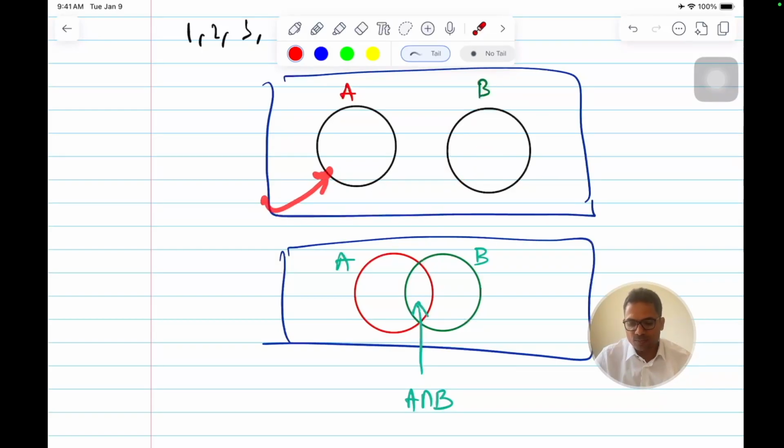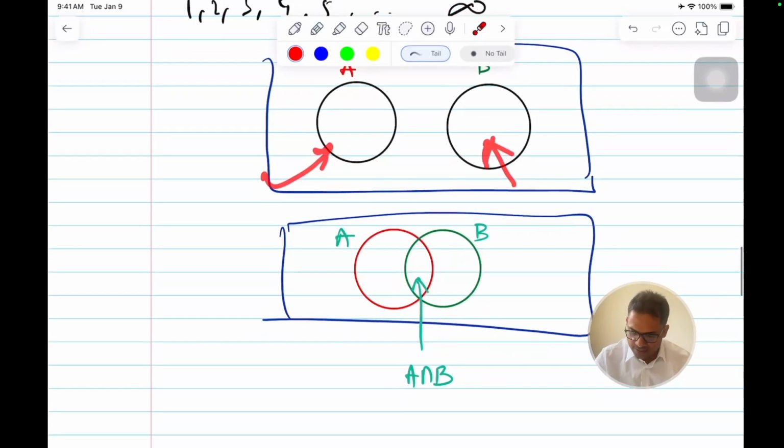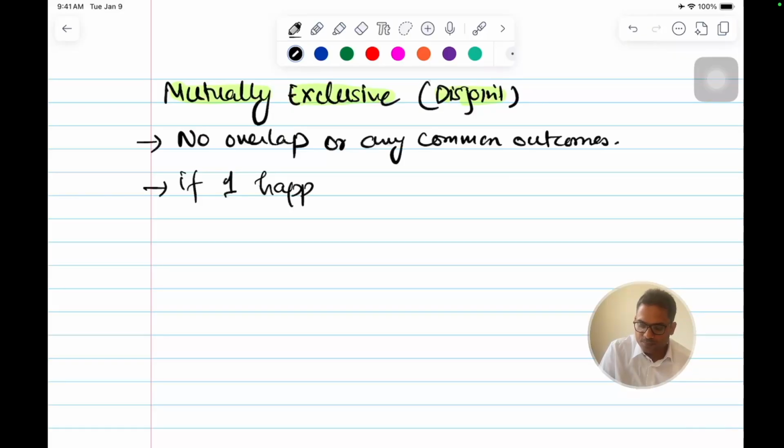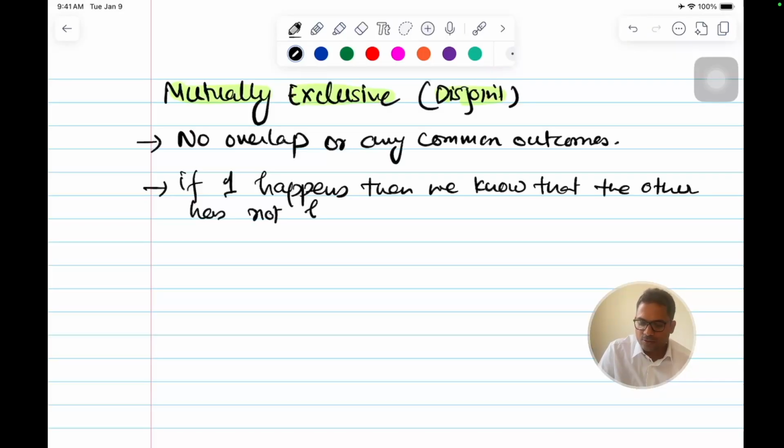So this is what mutual exclusion means. If one happens, then we know that the other has not happened.